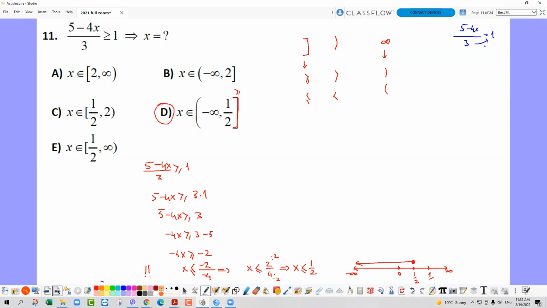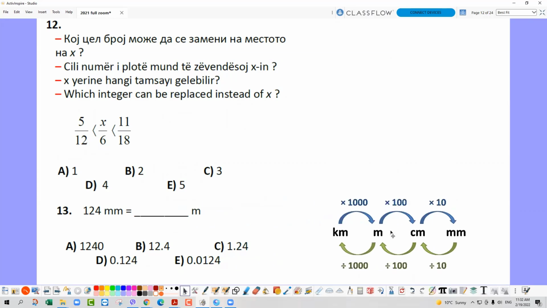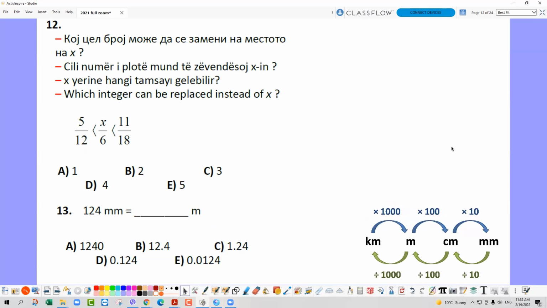Okay, now if we solve the 12th question, with respect to the 12th question, here we have 5 over 12, x over 6, and 11 over 12. With respect to these given fractions, find which integer can be placed here.